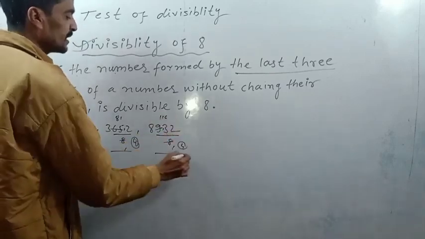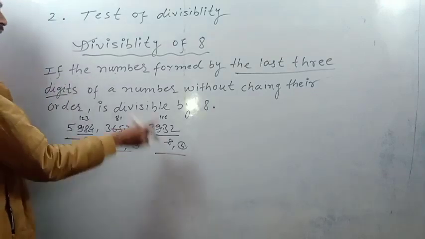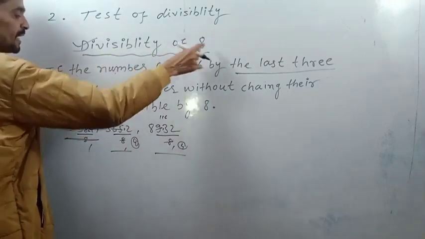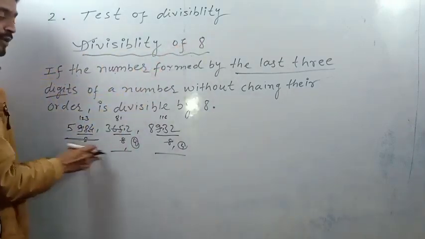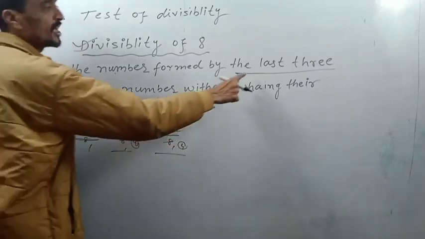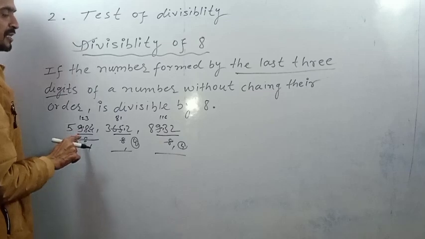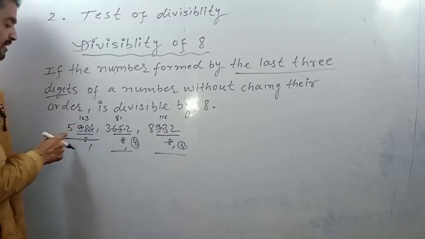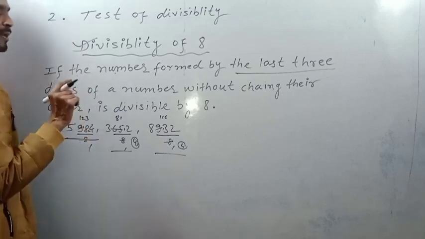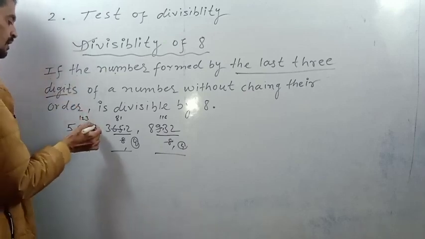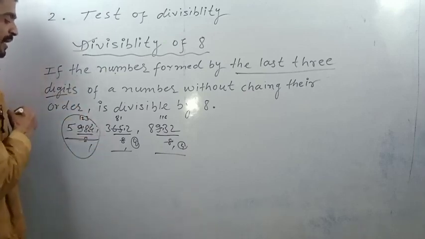So this number does not satisfy the divisibility of 8. Why? Because when we have the number, we should check the last 3 digits, and when that last 3 digit number is divisible by 8, then the total number is divisible by 8. So here this number is divisible by 8.